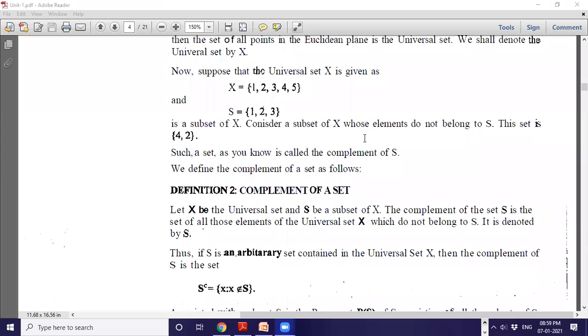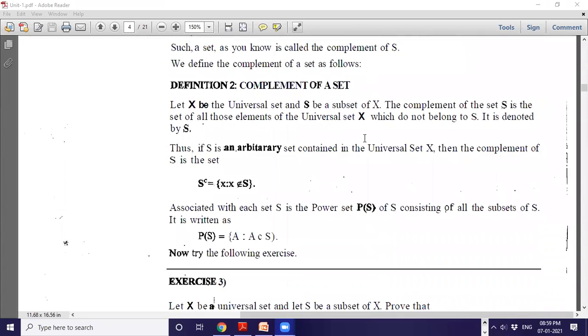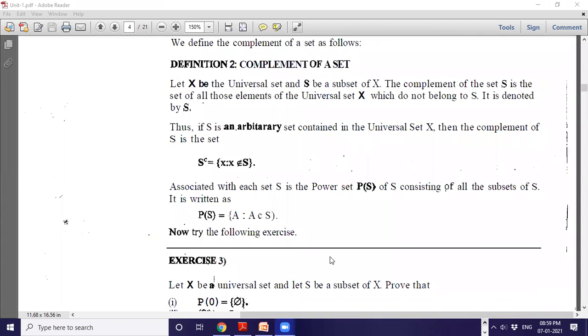So how can we define this? Let's come to the definition of complement of a set. Definition में हम देखते हैं. Let X be the universal set and S be a subset of X. The complement of the set S is the set of all those elements of the universal set X which do not belong to S. And we represent it with the help of S^C. ऊपर C लिखा है.